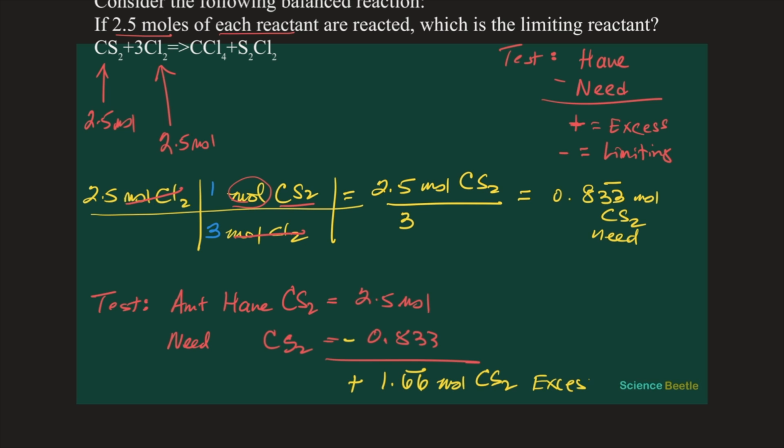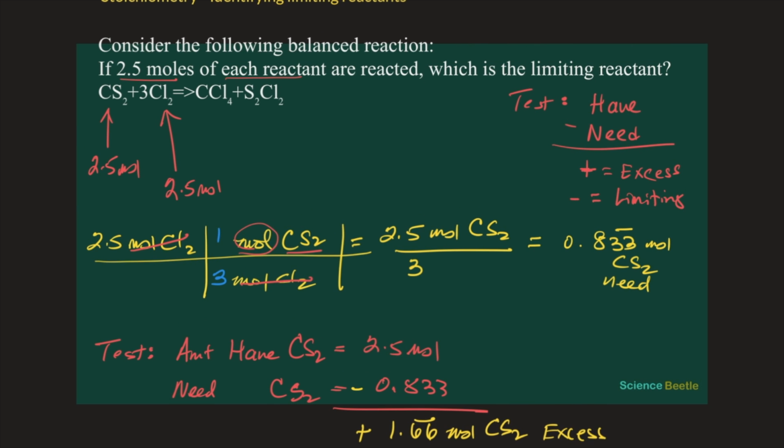Now, excess means that we have plenty of this compound. It's not going to run out. And since there's only two of these compounds, let's move this down a little bit. So notice over here at the very top left corner, there's only two compounds. And what we've just determined is that the CS2 has plenty of leftover.